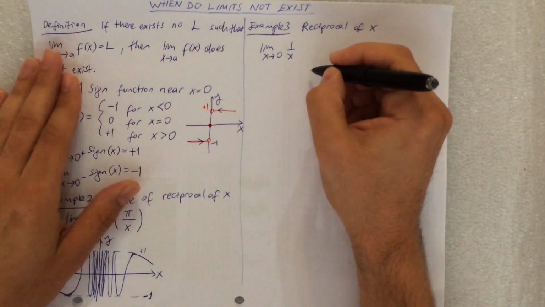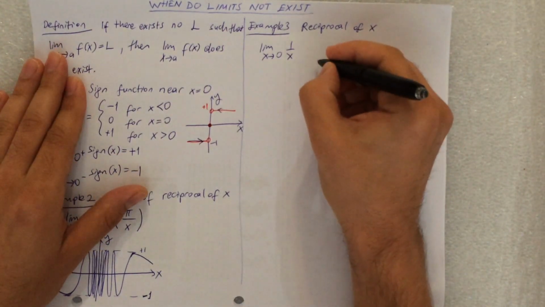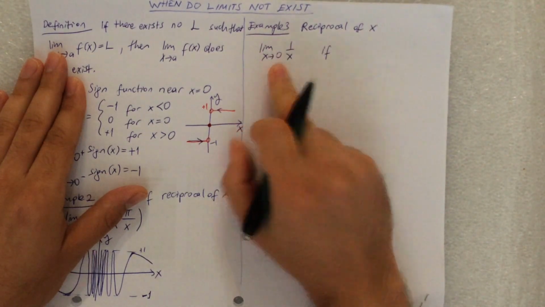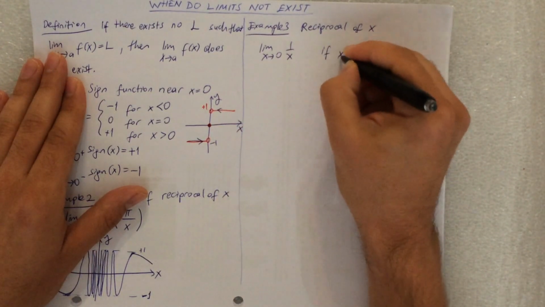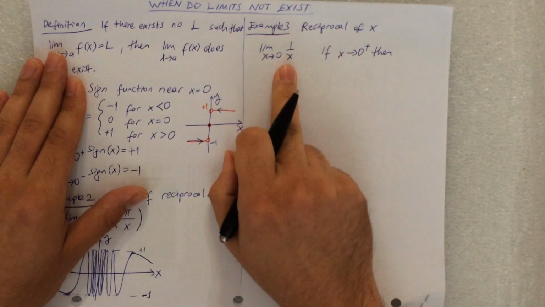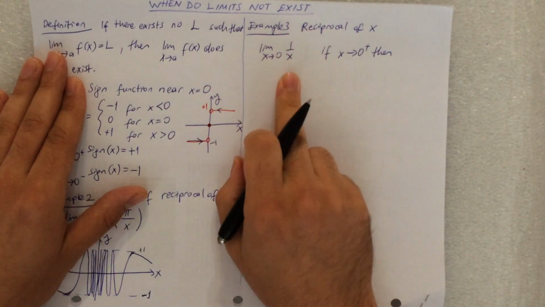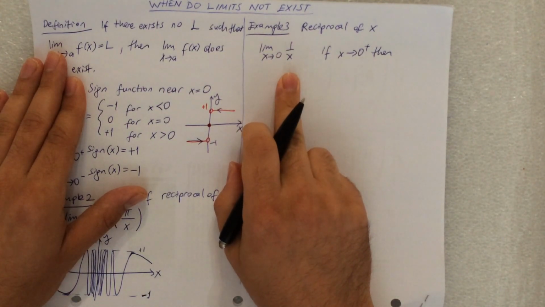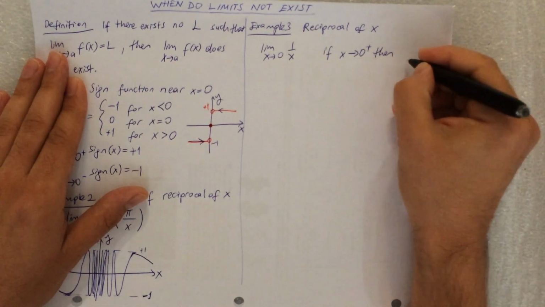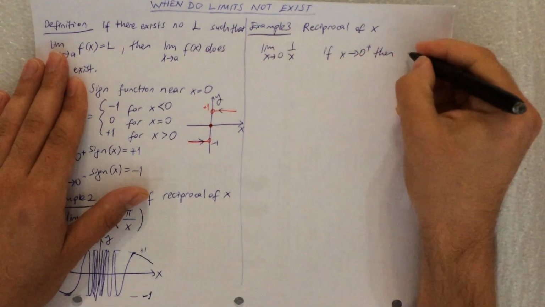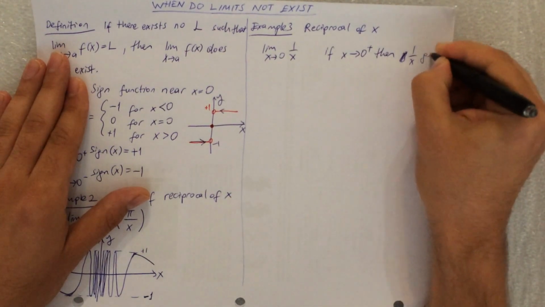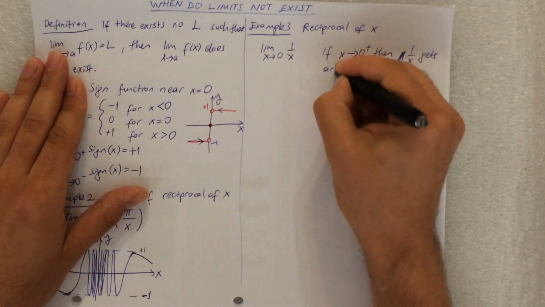Another reason is that if we get close to 0 from the right hand side, then 1 over x is going to get large and large positive values, arbitrarily large values.